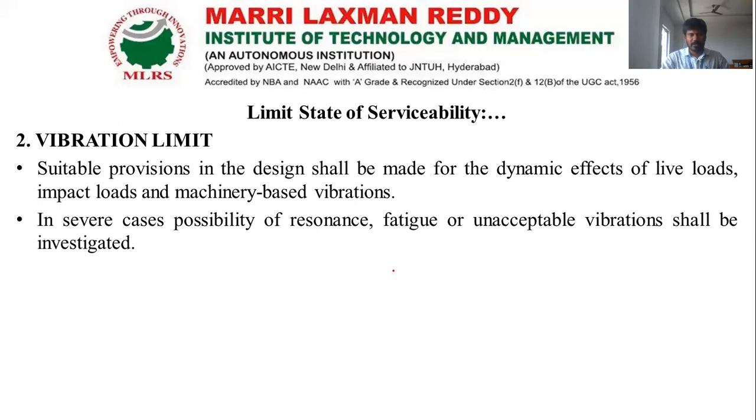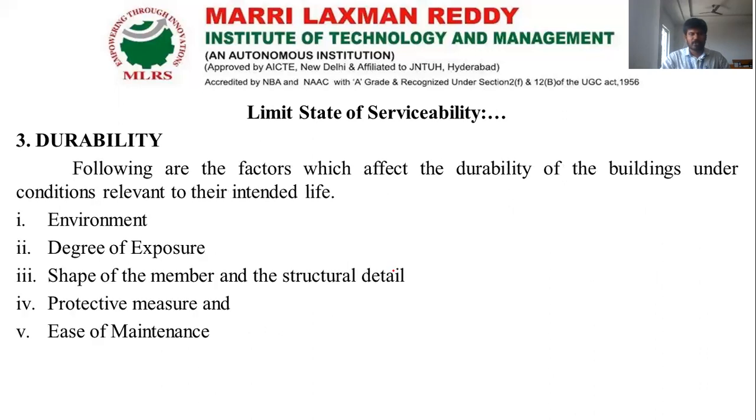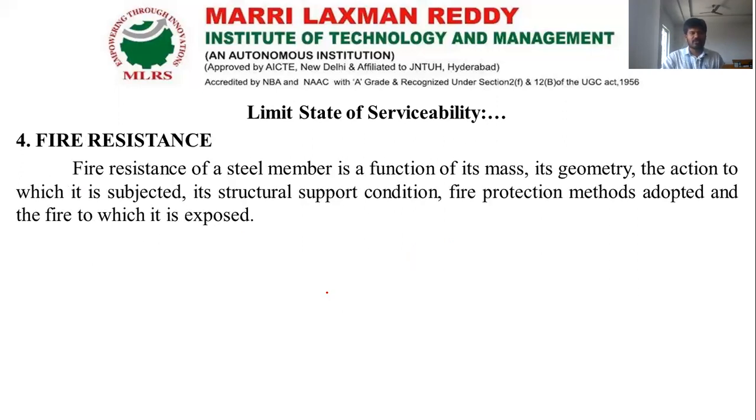Next, vibrational limit. Then durability limit. Durability comes under environmental conditions, degree of exposure, shape of the member and the structural details, protective measures, and ease of maintenance. All these things come under the durability criteria. Fourth one is fire resistance.